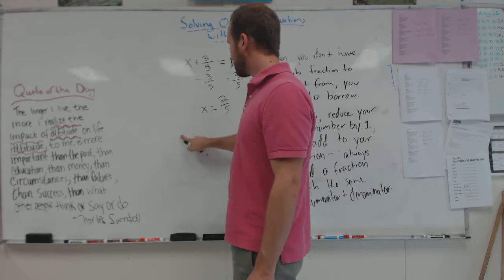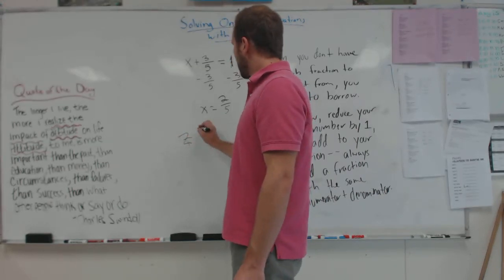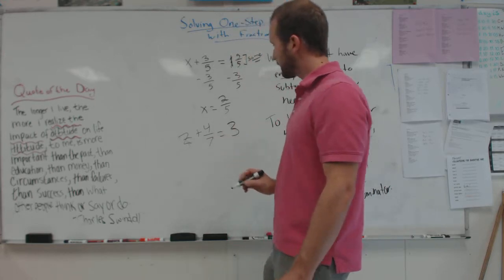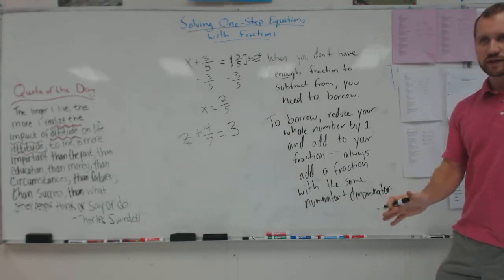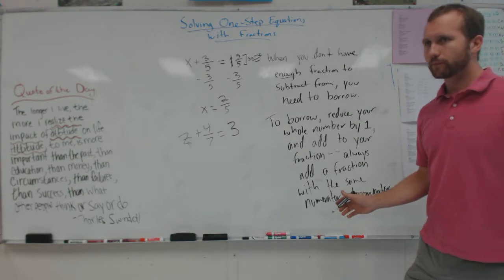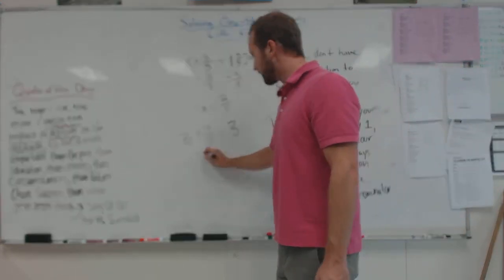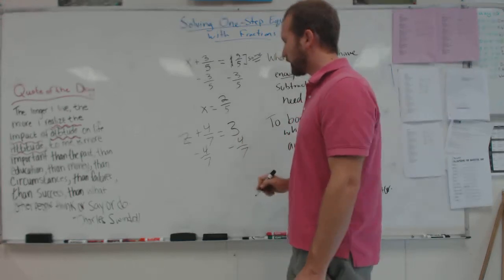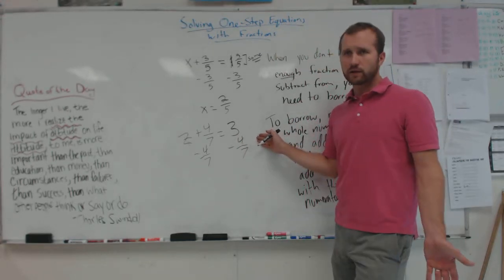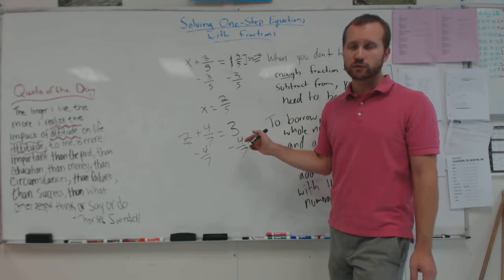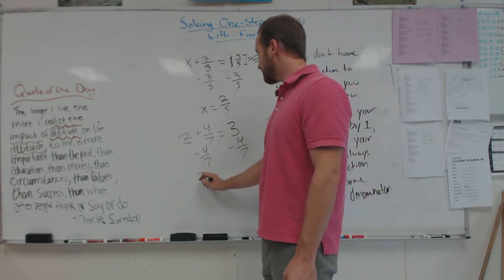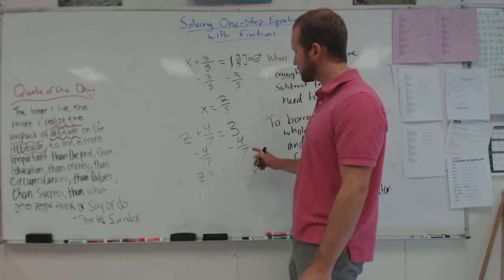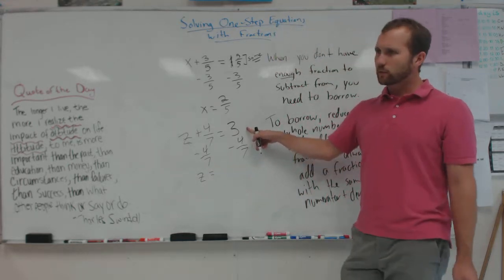So what if I had z plus 4/7 equals 3? What's the first step? You would subtract 4/7. Good. Never forget about this first step. You would get like half credit if that's all you did on the quiz, even if you didn't know how to subtract. So then z, 4/7 minus 4/7 is 0. So z equals, how am I going to take 4/7 away from 3?